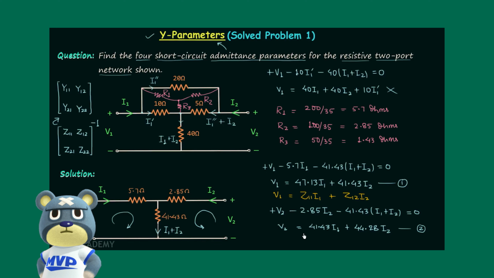Now we will compare equation number 2 with the standard equation V2 equal to Z21 I1 plus Z22 I2. So we are getting Z21 equal to 41.43 and Z22 equal to 44.28. So in this way we have obtained all the 4 elements of the impedance matrix.